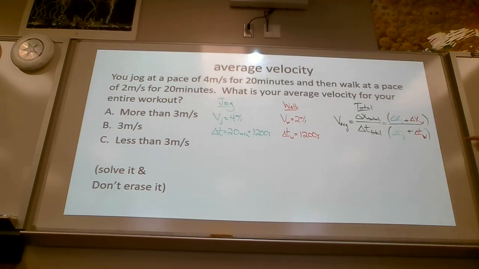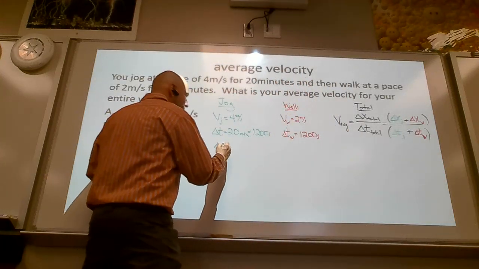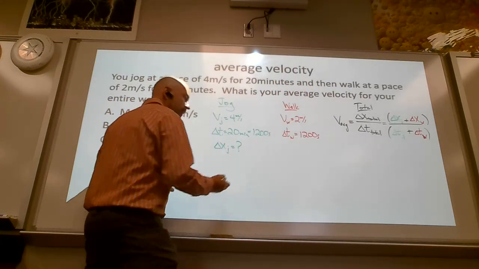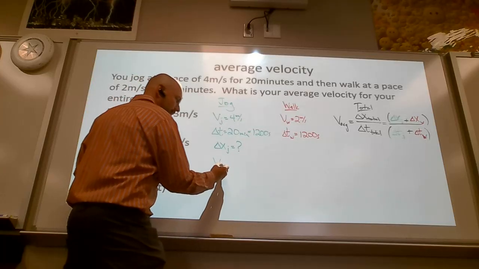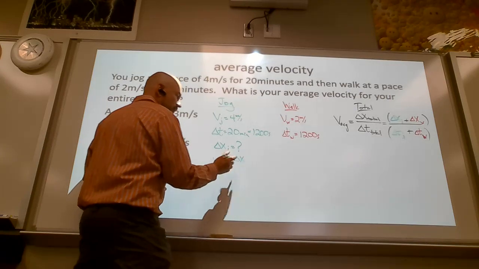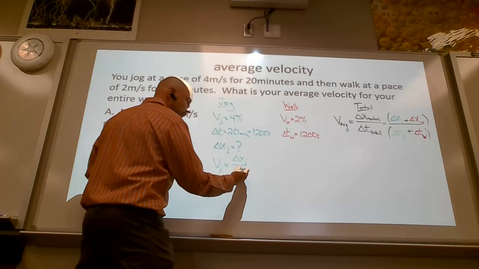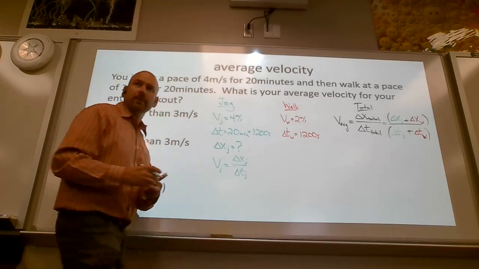Now, I've got numbers for this, but where am I going to find those? I can figure that out by using this equation, right? This is just velocity of the jogging is equal to displacement of the jogging over the time of the jogging.